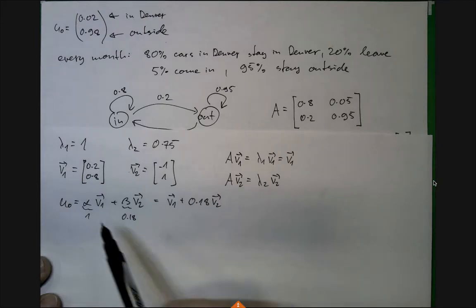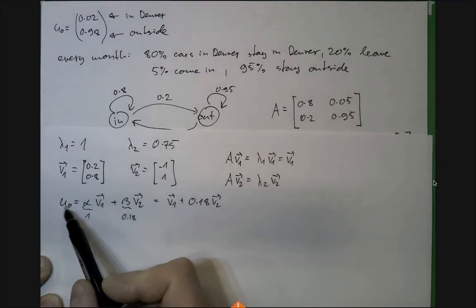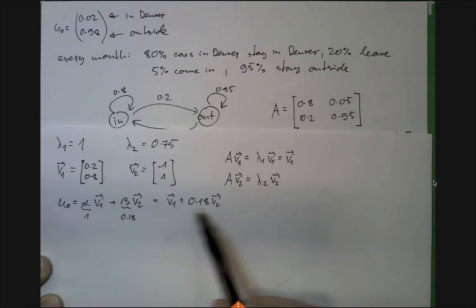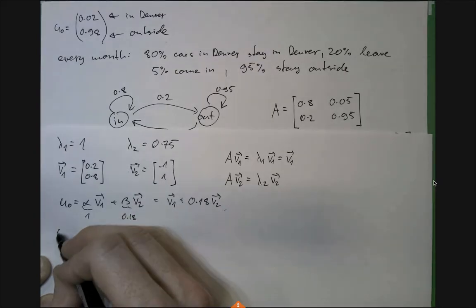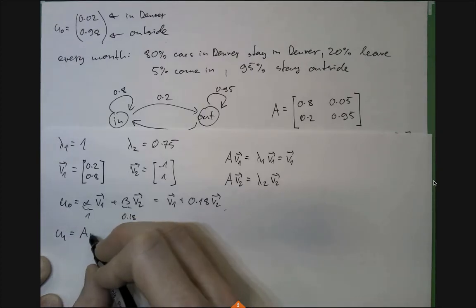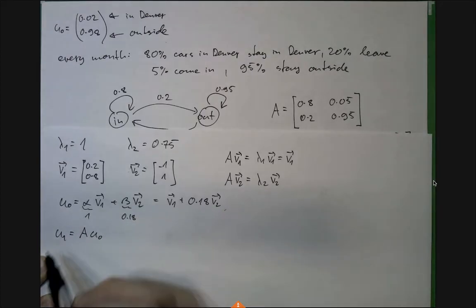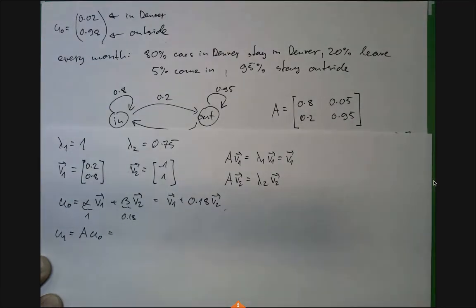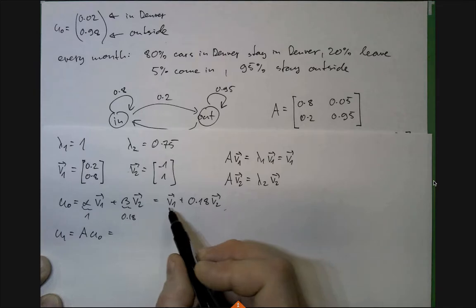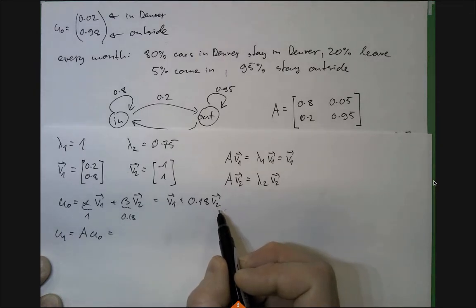Okay, so that's interesting. We express the initial distribution as a linear combination of the eigenvectors. So what's going to happen after I do my first step? After I do A U0, that's the distribution after the first month in my example. Well, I already know that V1 and V2 are eigenvectors, right?